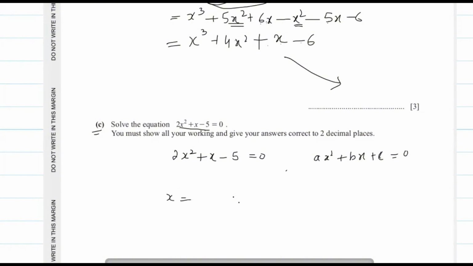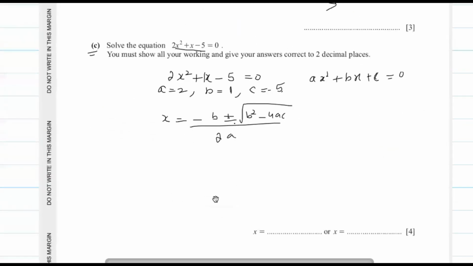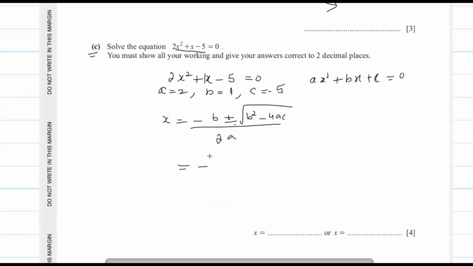According to this quadratic equation, the quadratic formula here is x equals minus b plus minus square root of b square minus 4ac, over 2a. Here a is the coefficient of x square, which is 2, b is the coefficient of x, here is 1, and c is the constant, we write minus 5. We will substitute these values in the quadratic formula.